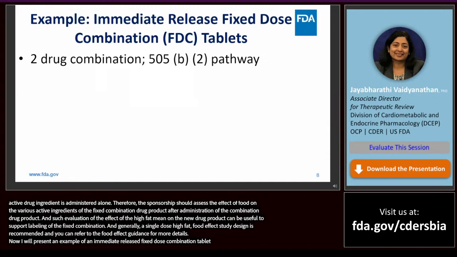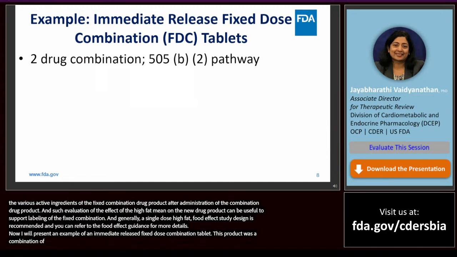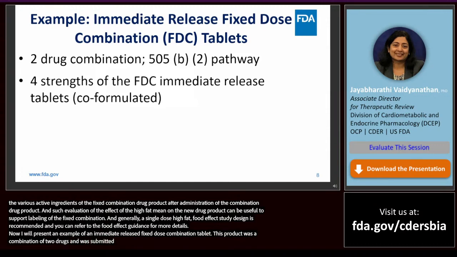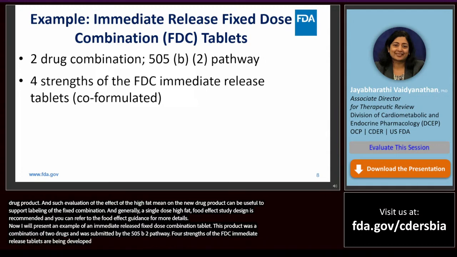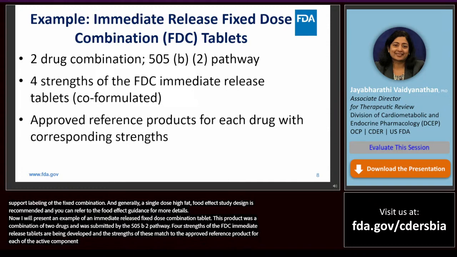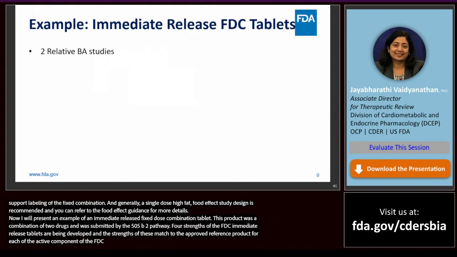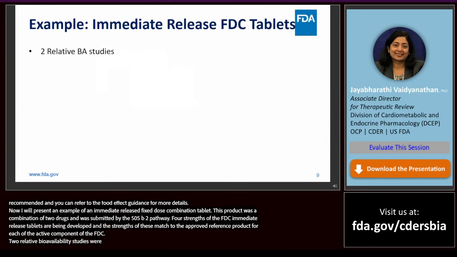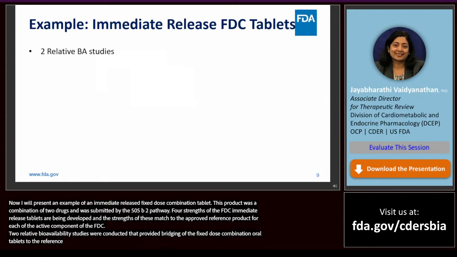This product was a combination of two drugs and was submitted via the 505(b)(2) pathway. 4 strengths of the fixed-dose combination product were being developed, and the strengths of these match to the approved reference product for each of the active component of the FDC. 2 relative bioavailability studies were conducted that provided bridging of the fixed-dose combination oral tablets to the reference product's findings of safety and effectiveness.